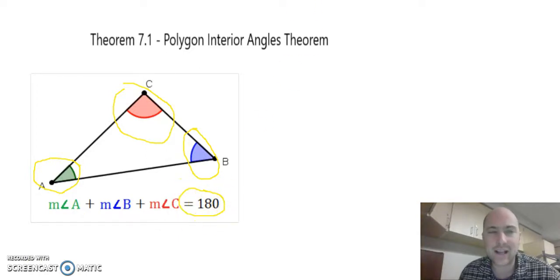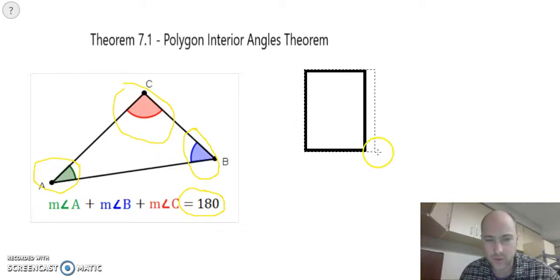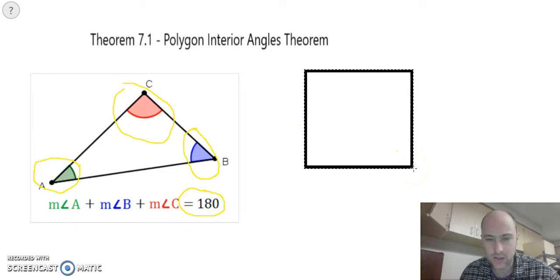Now we have to ask ourselves, what if we have a different polygon, a different shape? What will those angles sum up to be? Let's look at a nice friendly square. The square has 4 sides instead of the triangle's 3, and we're thinking, will these also add up to 180 degrees? Let's check it out.